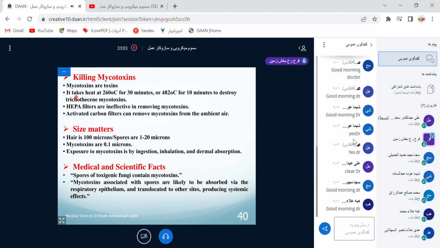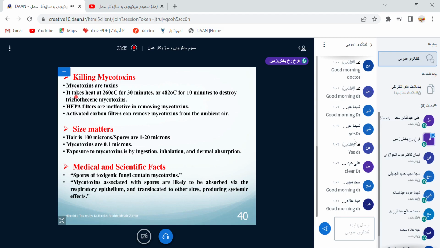Sometimes maybe you think there is no problem. When I buy, for example, milk, I boil it. When I buy wheat flour, we heat it at high temperature. But it is obvious that many toxins are very resistant against heat.